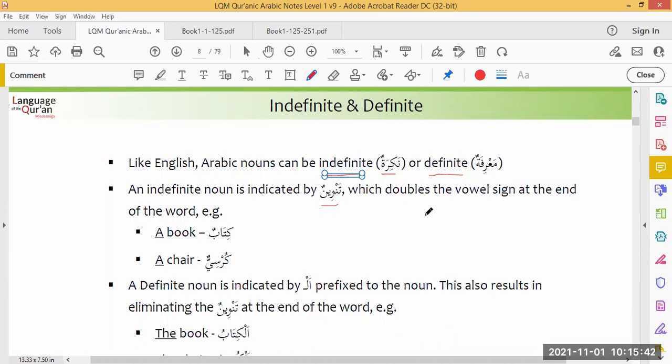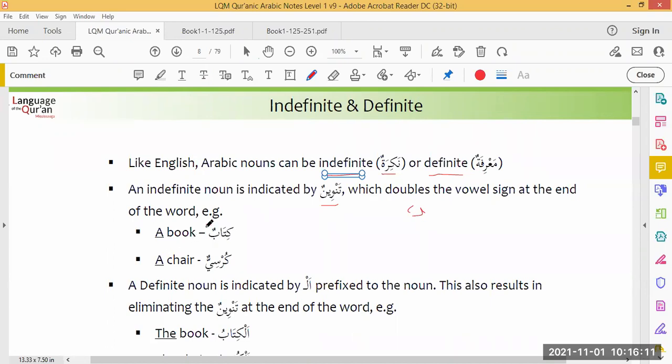What is tanween? It is the dhamma, fatha, or kasra doubled, which double the vowel sign at the end of the word. And it is nakiratun, indefinite, and it gives the meaning of kitabun, a book.